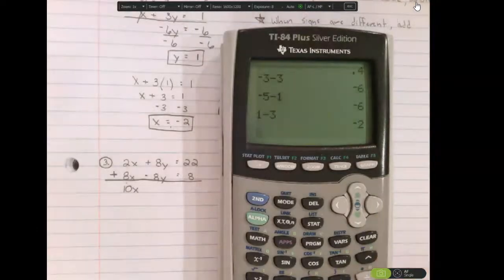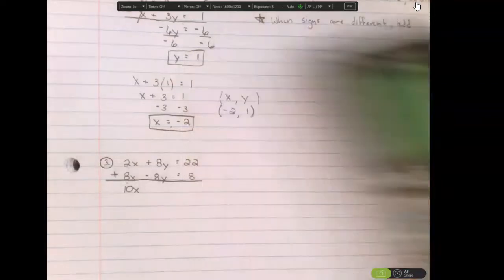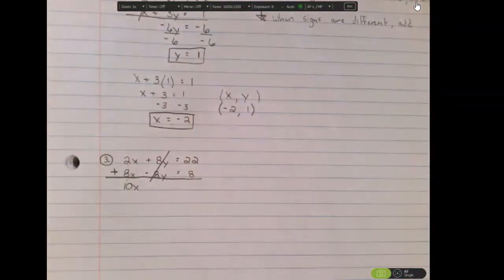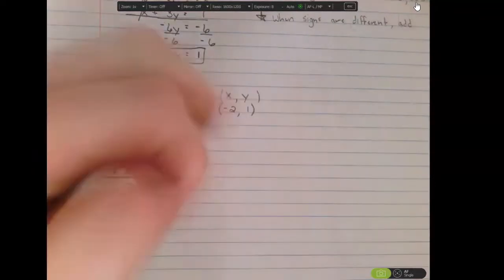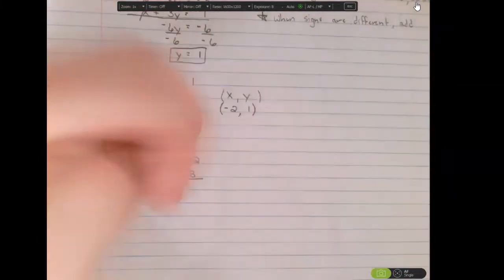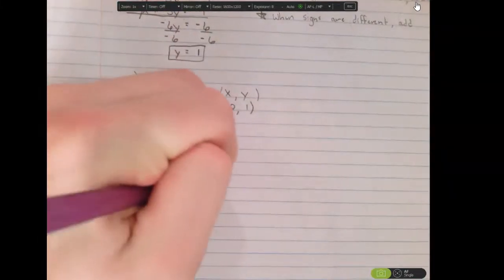If I type in my calculator, 8 plus negative 8, that's 0. Those cancel out. That's the whole point of why we're doing this. And then that is equal to 22 plus 8, which is 30.